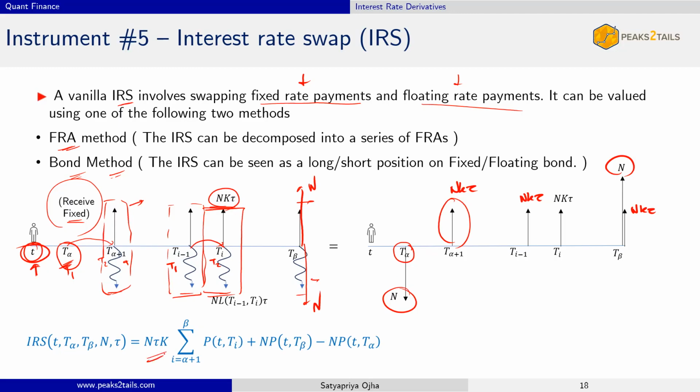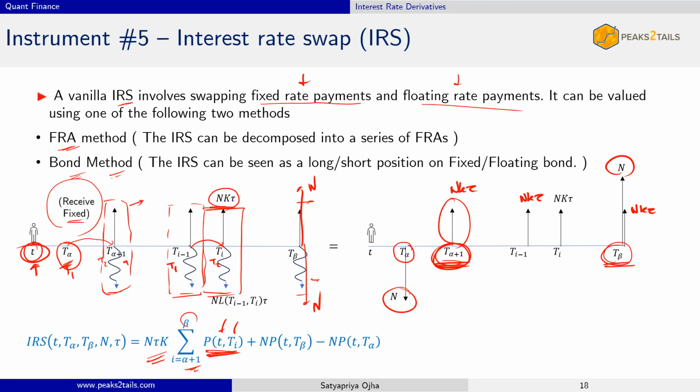Look at this. Coupon payments N K tau, starting from i equal to alpha plus 1, this guy, all the way till this guy, beta, correct? Discounted by the respective zero coupon bonds. Valuation date is fixed at T. Only the maturities T_i change: the first one will be T alpha plus 1, second one T alpha plus 2, all the way till T beta, right? So you would already have calculated the zero coupon bond prices for different maturities.